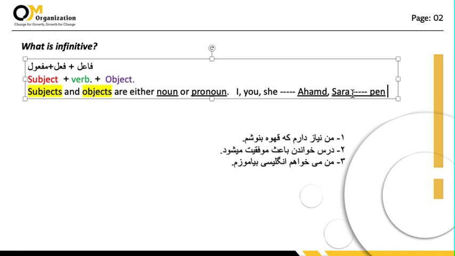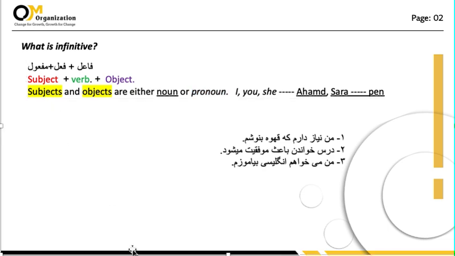They can come instead of our subject all the time. And what is a pronoun? Pronouns are what you've studied in your previous lessons, ضمیر: I, for example, you, she. So we have either noun or pronoun.